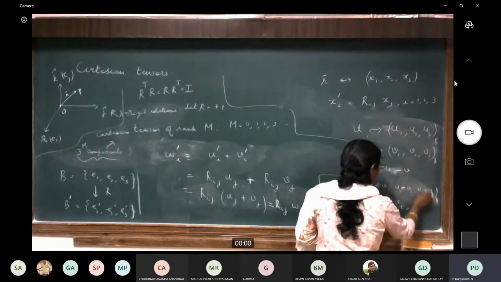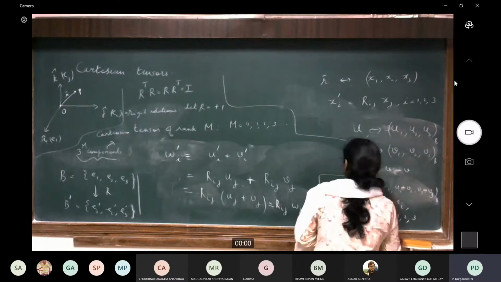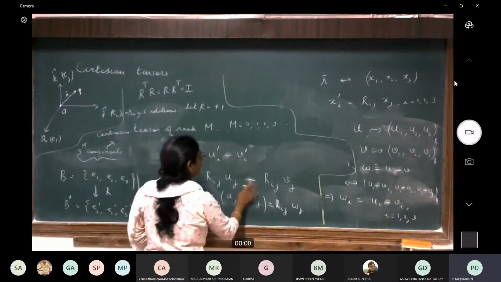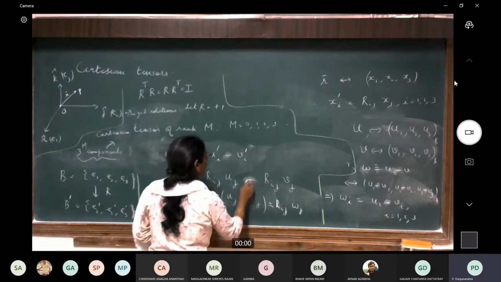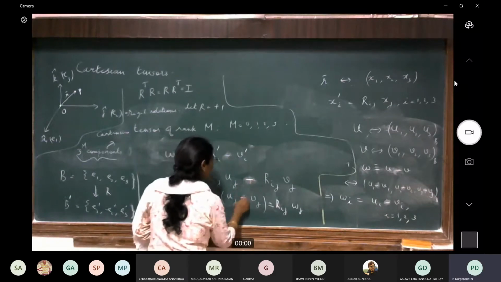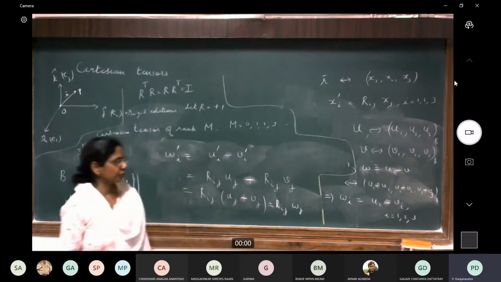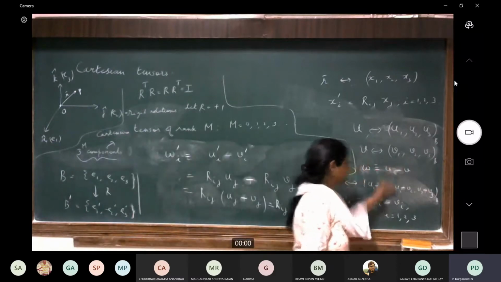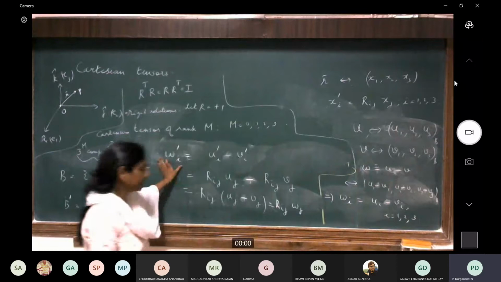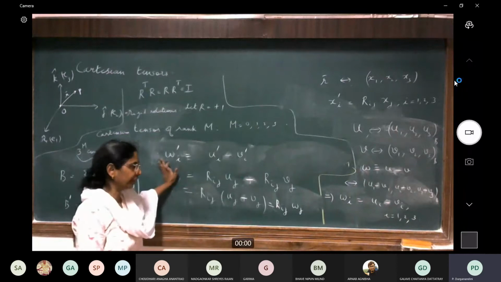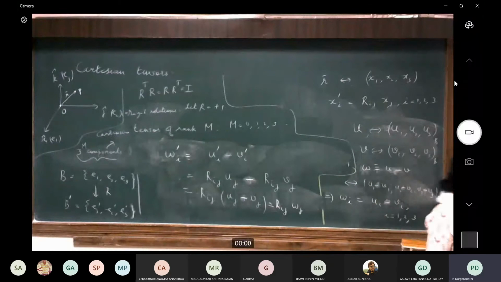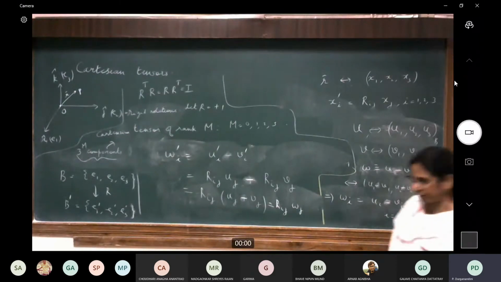This becomes the same with a minus sign here, and again I find that w will transform like the components of a tensor of rank 1. So I can define addition and subtraction of tensors of rank 1, and I get back again a tensor of rank 1.